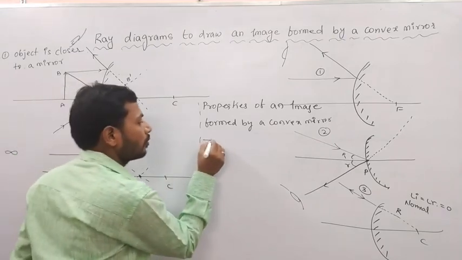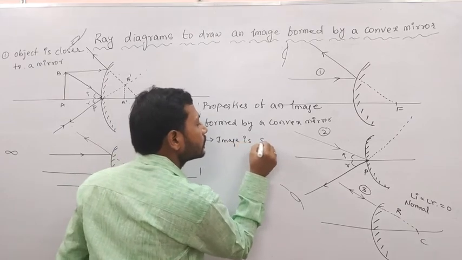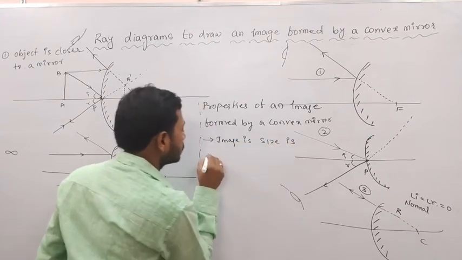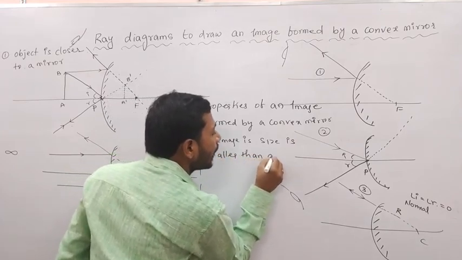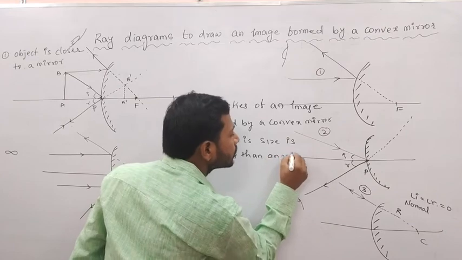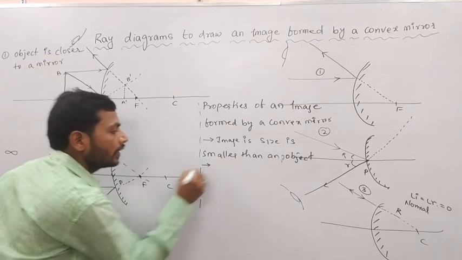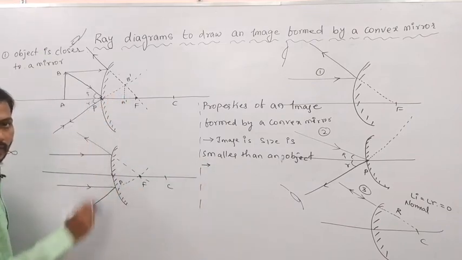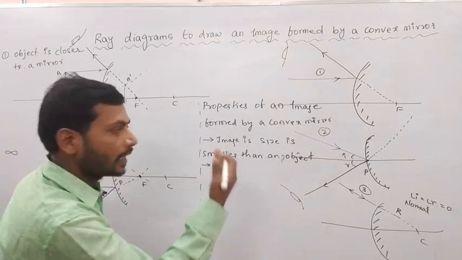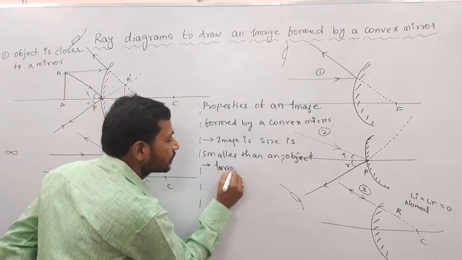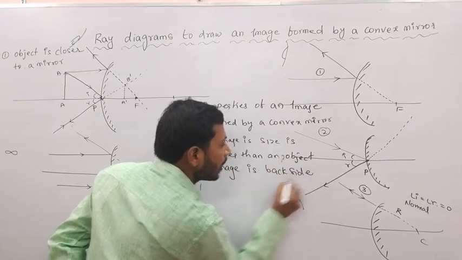That's why the first point I am writing is: image size is smaller than the object. Clear? Second point, if you observe clearly in these two cases, children, the object is behind the mirror. Behind the mirror means the back side of the mirror. Image is on the back side of the mirror.